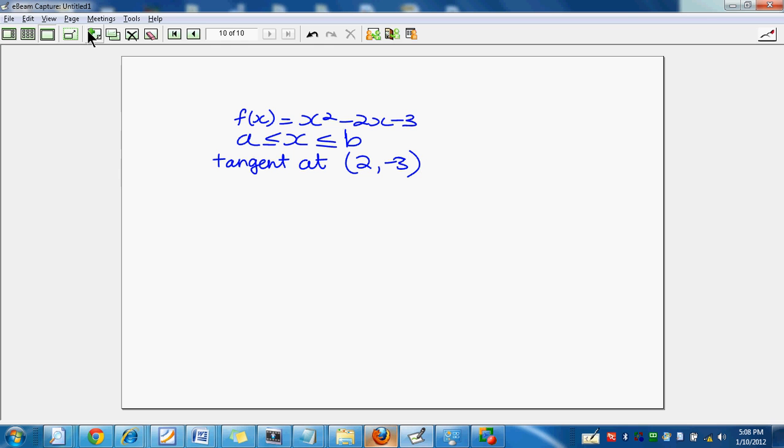D. Whole number values of x for which x squared minus 2x minus 3 is less than 1. Right, written up on the board there.